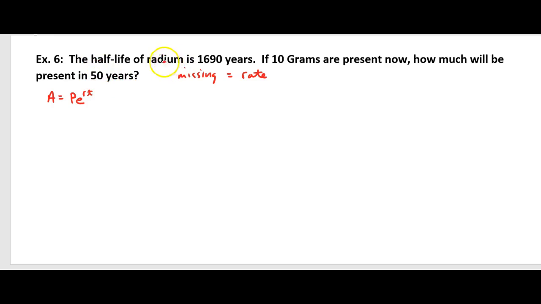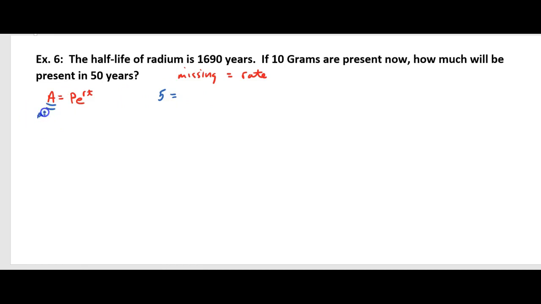Because if you think about it, if the half-life is 1,690 years, that tells us if there are 10 grams now, after 1,690 years, how many grams are going to be left? 5. So the way I like to look at it is when I plug everything in here, the amount after 1,690 years is going to be 5 equals how much, what is our initial amount?